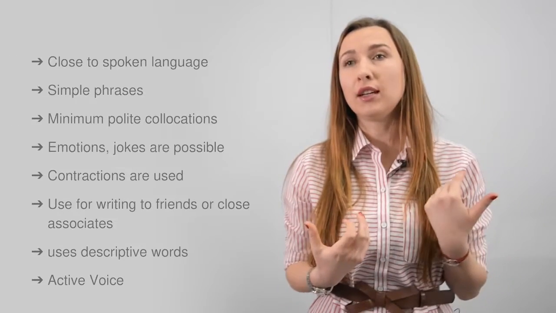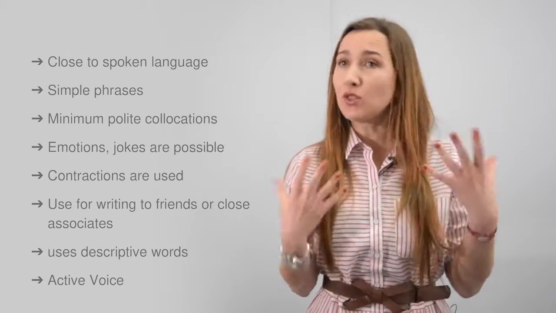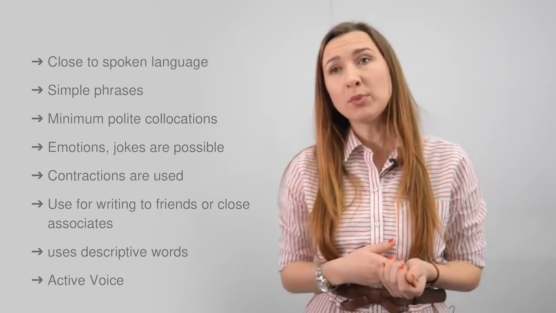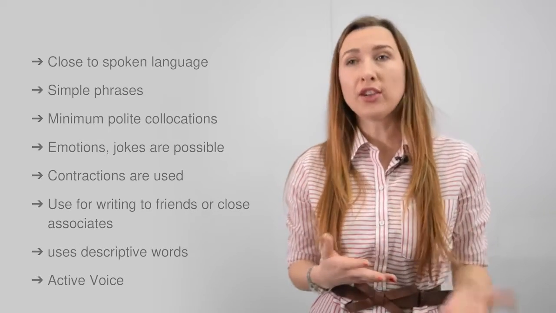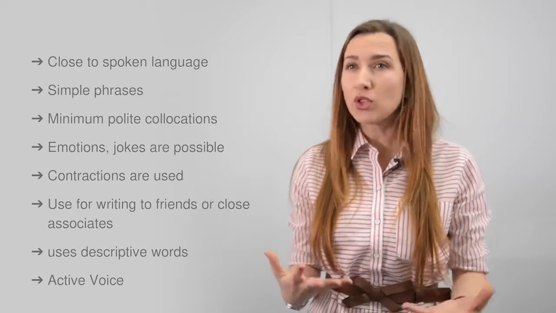Let's take informal style, for instance. Informal style should be very close to spoken English. You use short phrases, you can use slang, you use phrasal verbs, you don't worry about contractions that much. You can use abbreviations. You can use emotions.